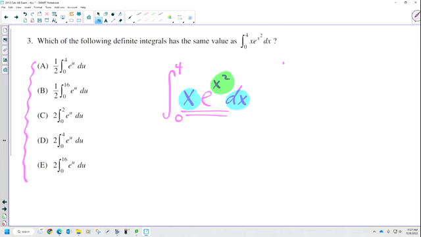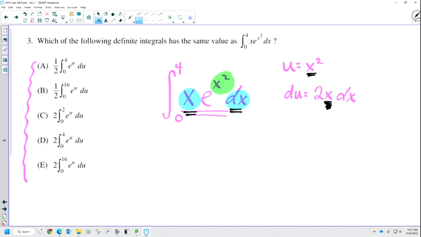So if u is x squared, the derivative of that is 2x dx. Now, look at it. I only want an x dx. So when I say that the derivative of my function, the variable part of the derivative is there.